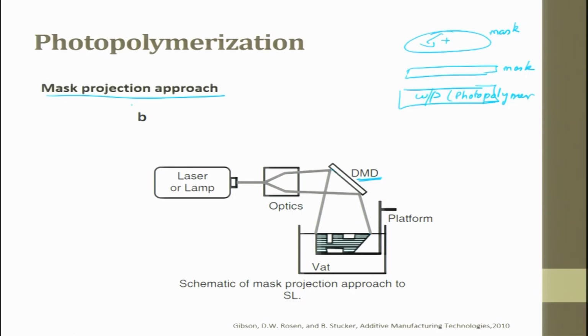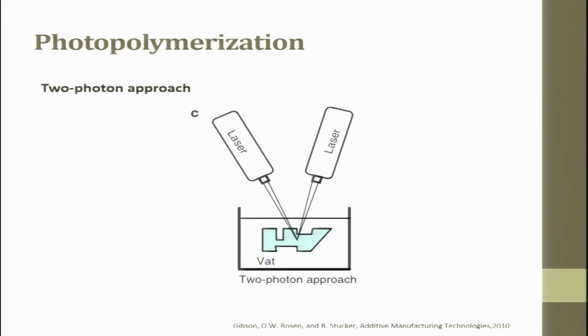So, this is called the mask projection approach. In the mask projection approach, the complete layer of information is exposed in one shot. So, this process is much faster than the previous process.